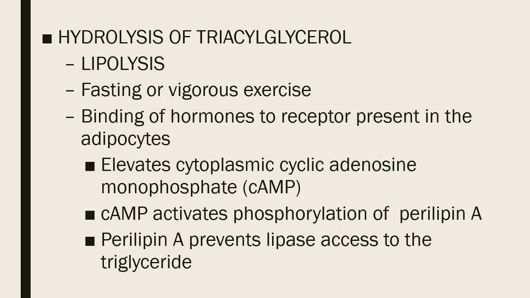This cyclic adenosine monophosphate will activate the phosphorylation of a protein called perilipin A. Again, binding of the hormone to the receptors in the adipocytes increases cytoplasmic cyclic adenosine monophosphate, which then activates the phosphorylation of perilipin A.